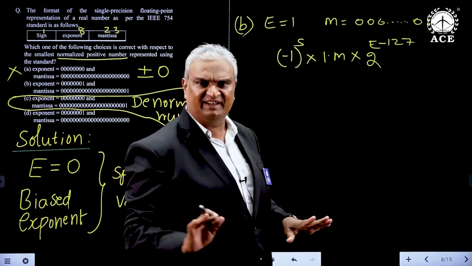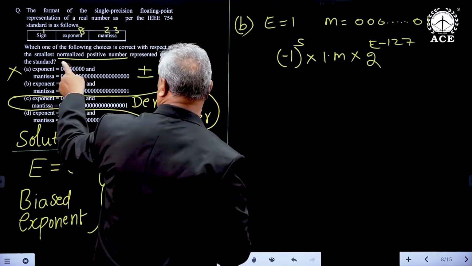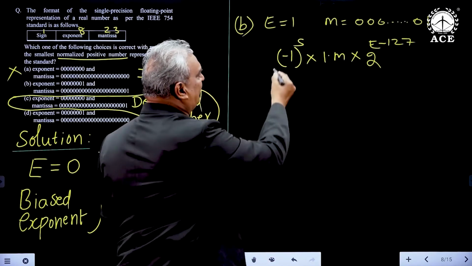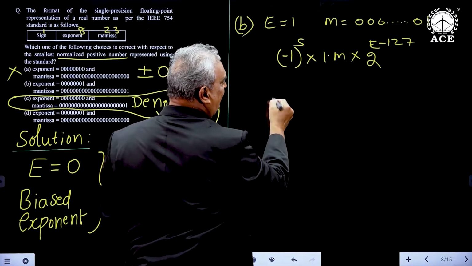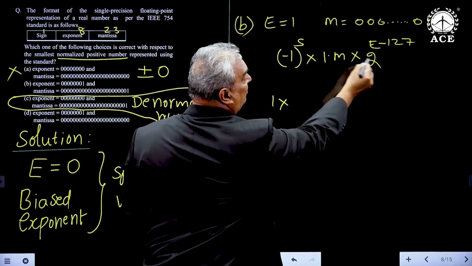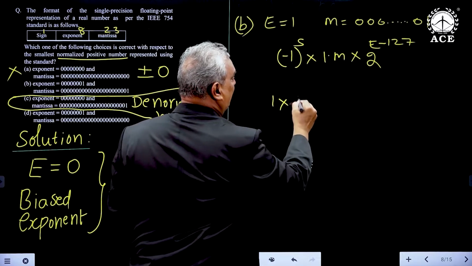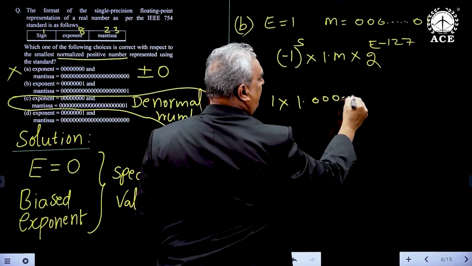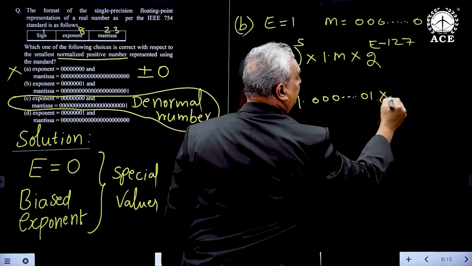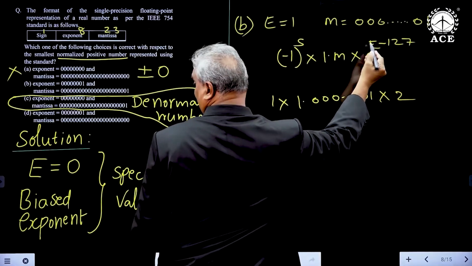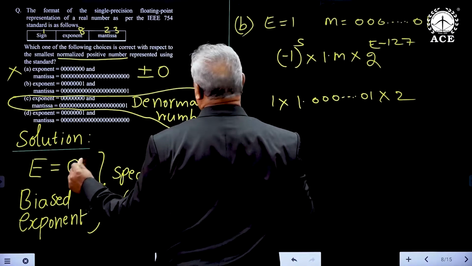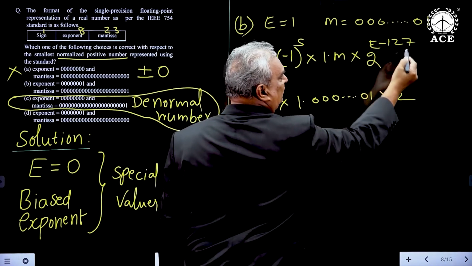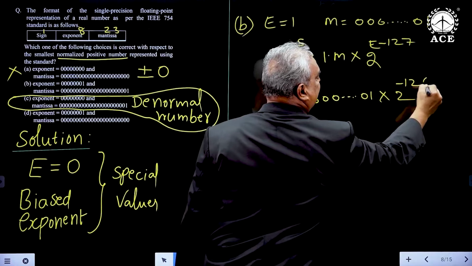He mentioned clearly: normalized positive number. So it becomes 1 into 1.M into 2 power. In option B, E value is 1. 1 minus 127 means minus 126.